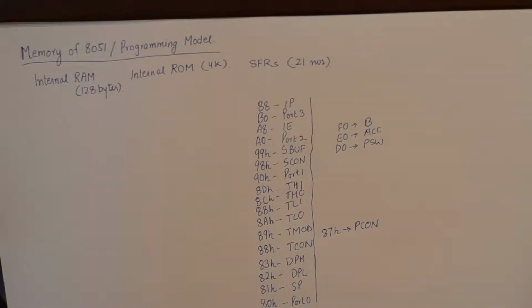Now, we know that memory of 8051 or programming model refers to the internal RAM, internal ROM, and the constituents of special function registers. They together form the programming model.